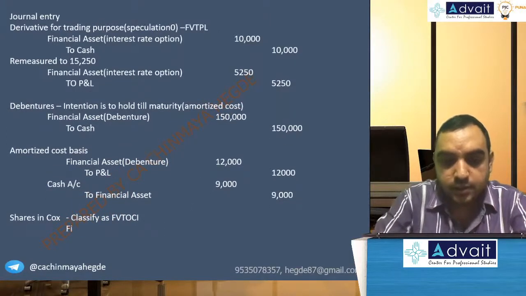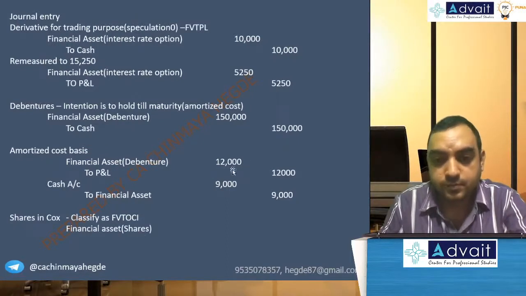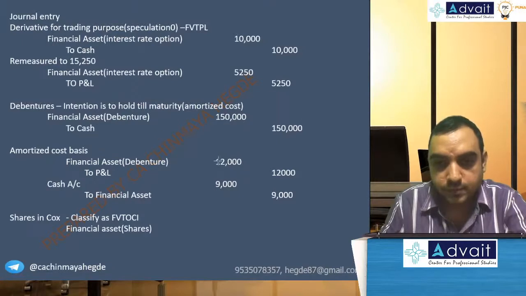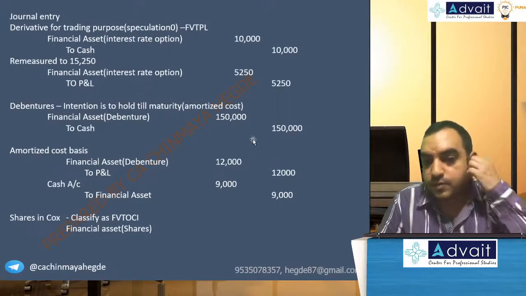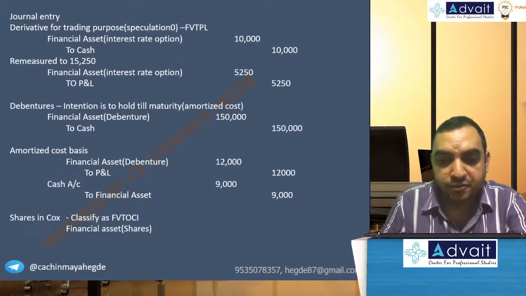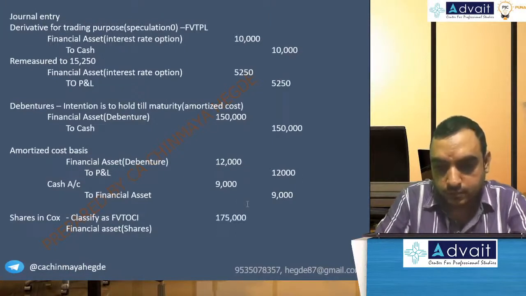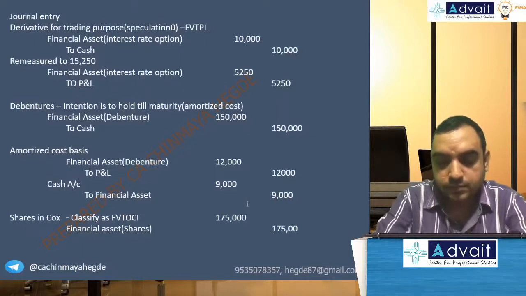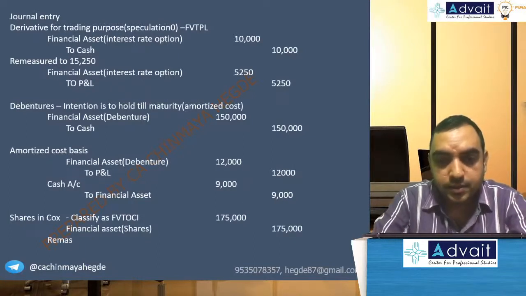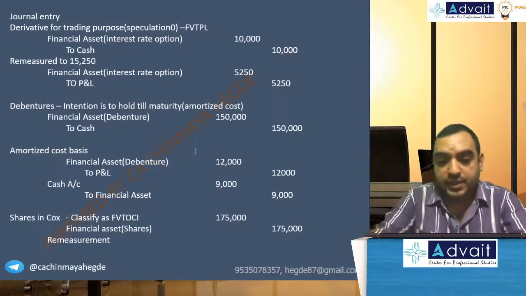Therefore, entry will be financial assets, 1 lakh 75,000, that is 50,000 into 3.5. Then remeasurement, 50,000 into 3.75 minus 1,70,000.